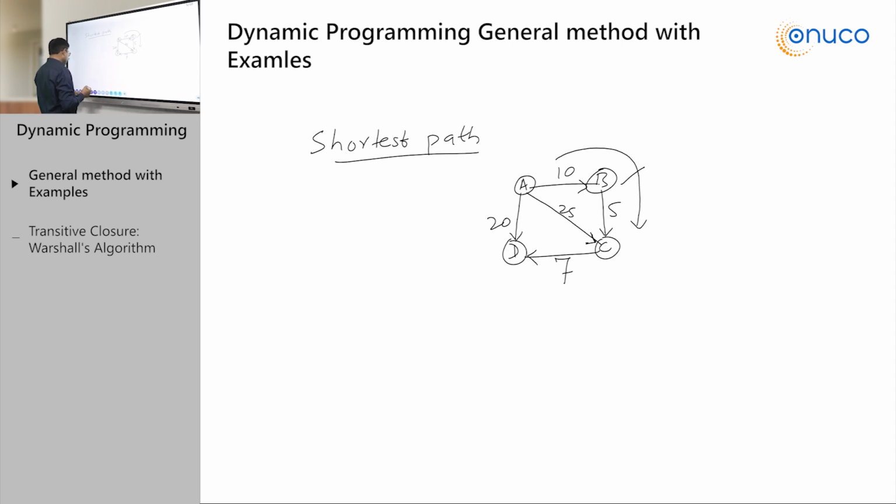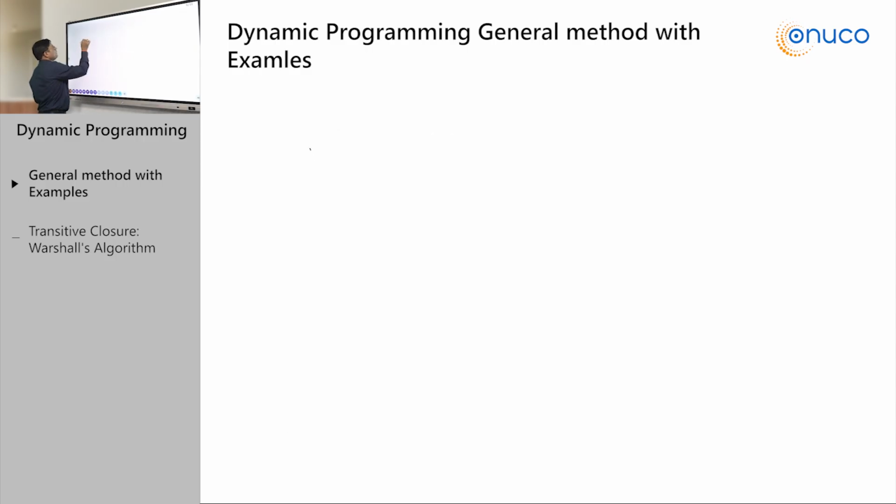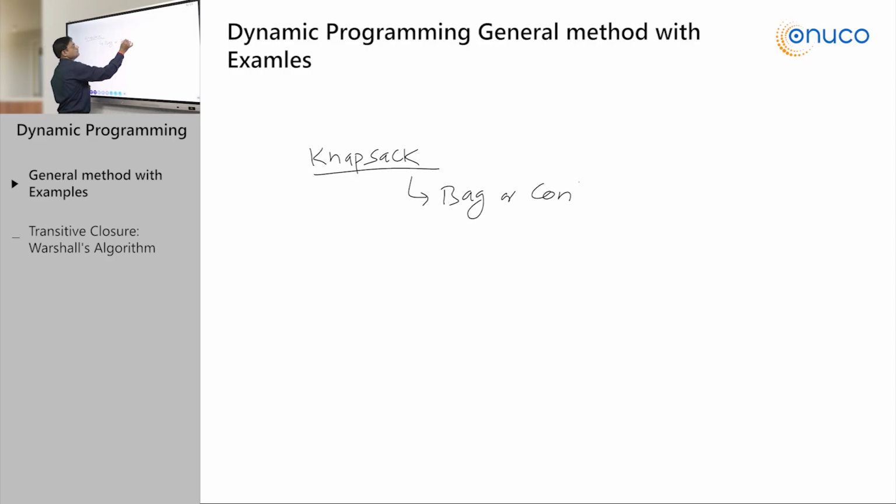Now, one more example is knapsack. What is the knapsack problem, friend? Knapsack is a bag, or you can say a container. We have scenarios where there are many items.